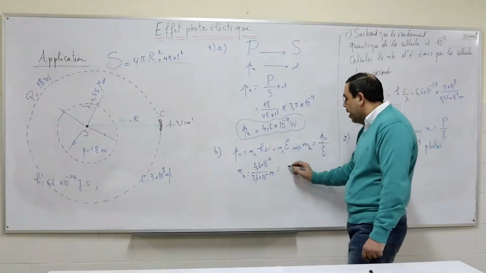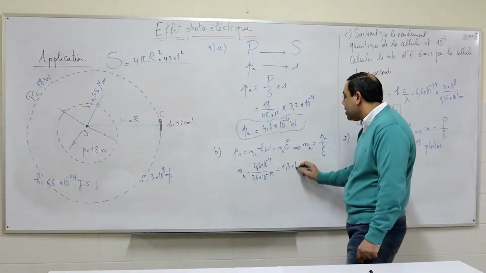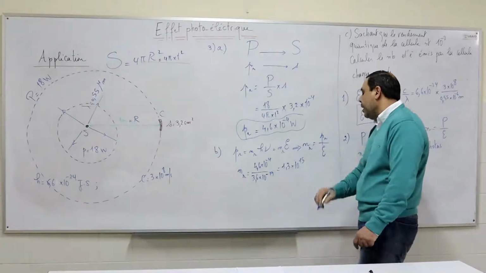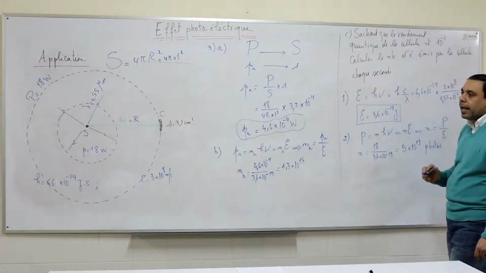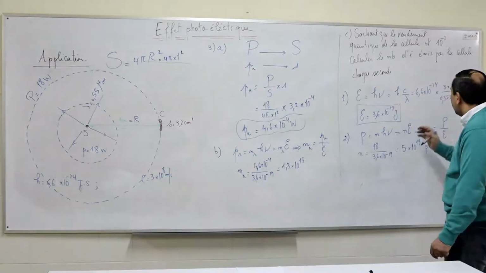The answer is 1.3 times 10 exponent 15. This is the number of photons received by the cathode each second.